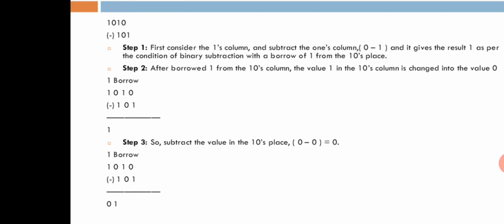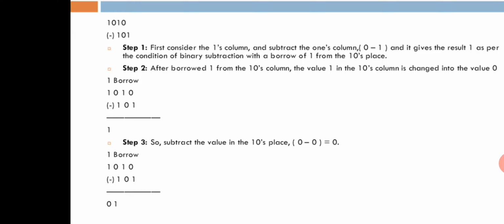When you bring some value from left hand side, it becomes 2. 2 minus 1 is nothing but 1. Fine. Now you have 0 and rest all are 0. So ultimately you are going to get the value as 0 0 0 1. They have written only 1 over there, but the actual concept is 0 0 0 1. You are going to get the output as 0 0 0 1.